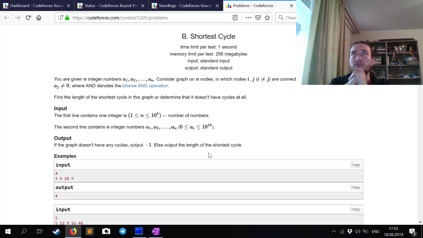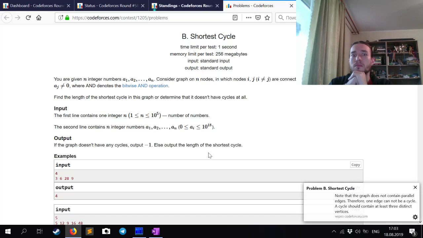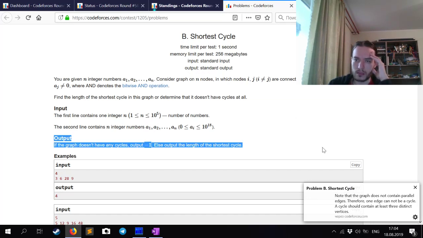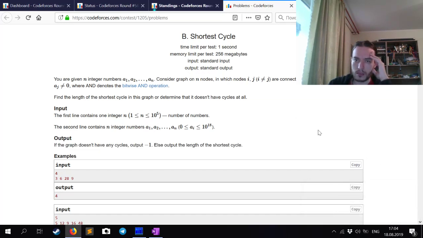So if we just forbid to go back, yeah, I know. Let's think. I kind of want to run a brute force, but how exactly will it go?